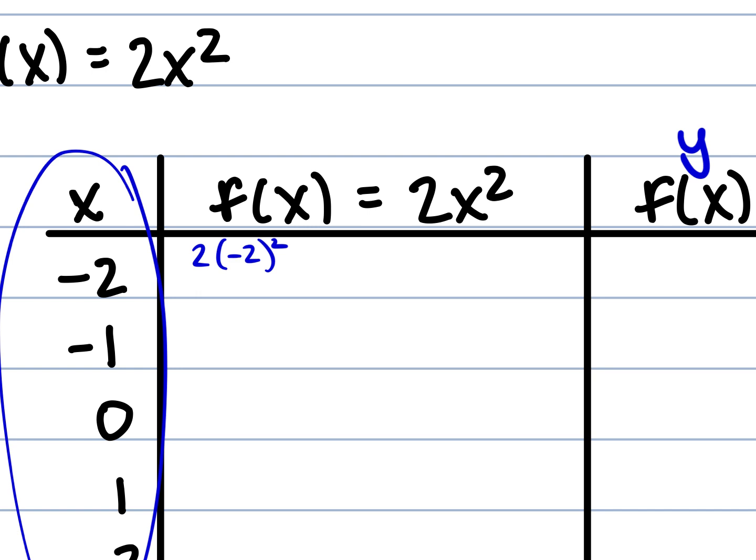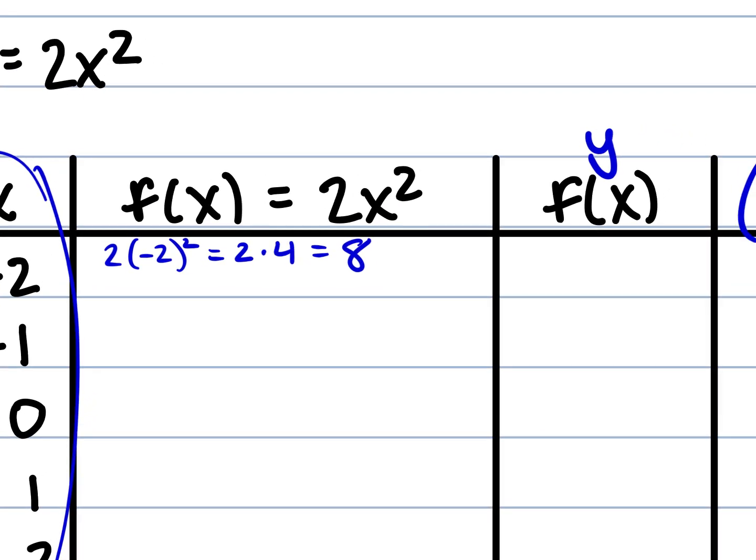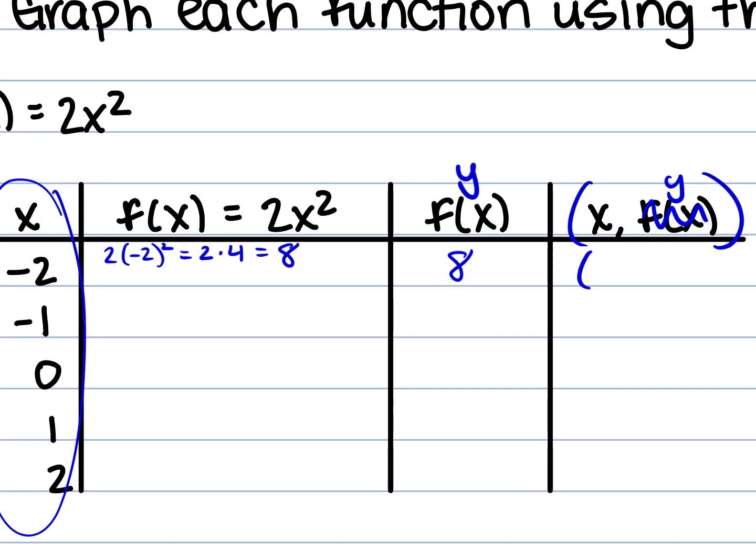What's -2 squared? -2 times -2 would be +4. So we have 2 times 4. What's 2 times 4? 8. So our y value is 8. So our point would be -2, 8.